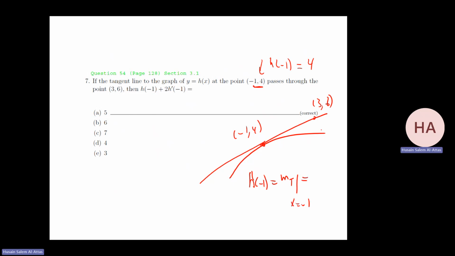It is just delta y over delta x. So we have 6 minus 4 over 3 minus 1. So that will be 2 over 4, which is half. What they want is h at minus 1 plus 2h prime at minus 1. That will be 4 plus 2 times a half, which gives me 5.